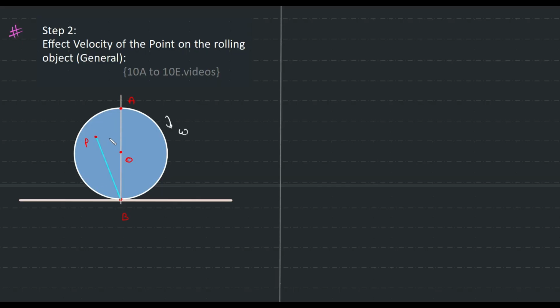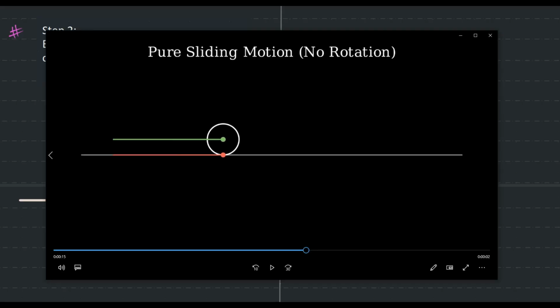So we are looking at, first thing is, what is the velocity at point P? What will be the velocity at point P? It's a combination of two things. One is the linear motion, right? So the linear motion would be the same as the velocity of center of mass, is it not? So I hope you guys remember this video.